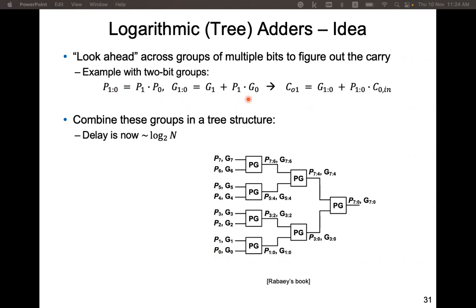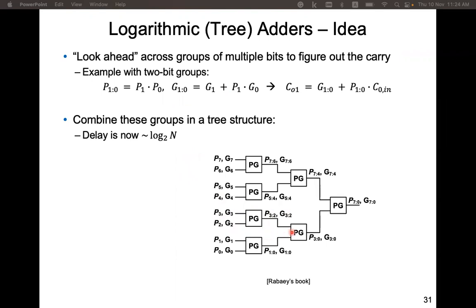The P and G output of the group depends on the P and G of the individual input signals. And then we can combine bit 3 and bit 2 into a group. The group propagate and group generate signals will be generated using a function similar to this.